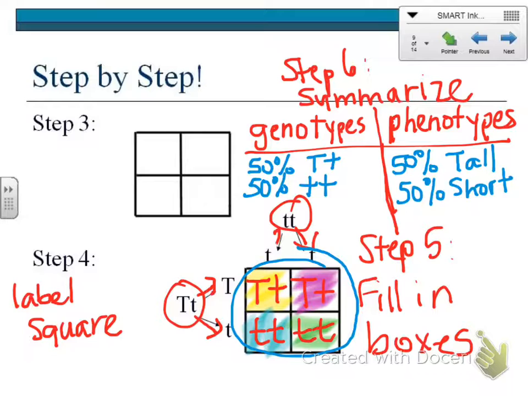Okay, I want you to work on your own. You can work with a shoulder buddy or with your table. You're going to try one on your own, so it's your turn. Flip it over to the back of your notes. You should have room there. The problem is, let me jump down here to the problem.